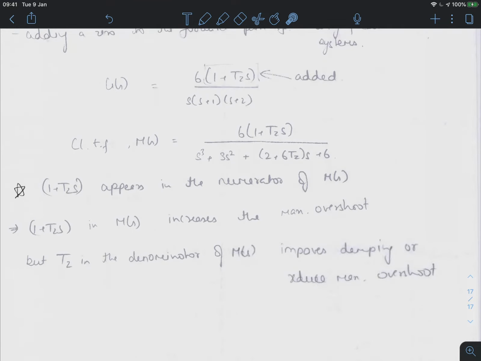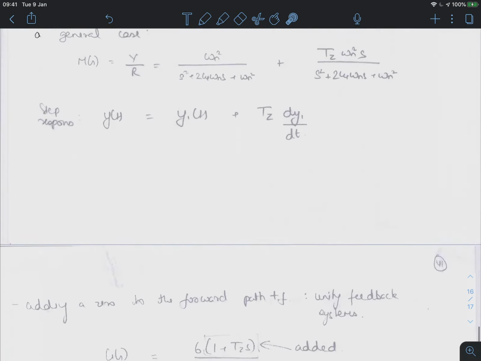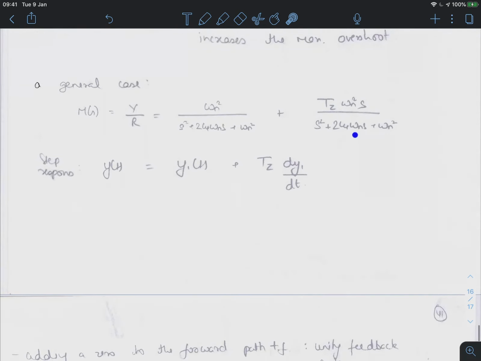but at the same time the damping has changed here, which is different from the earlier case, because there the damping was not changed. It was because of the derivative kick that you were seeing an increment in the maximum overshoot. But we know from the formula that the maximum overshoot is highly impacted by the damping of the system.